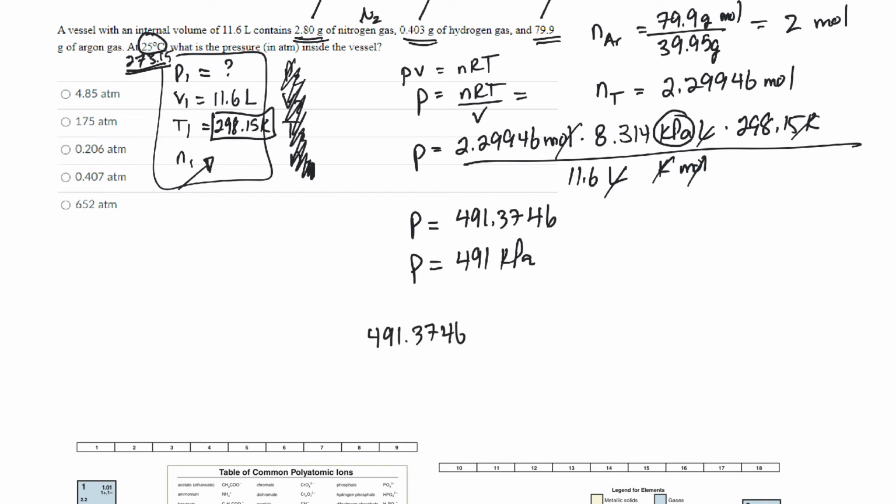I'm just going back to the original number, 491.37 kilopascals. There's 101.325 kilopascals in 1 atmosphere.